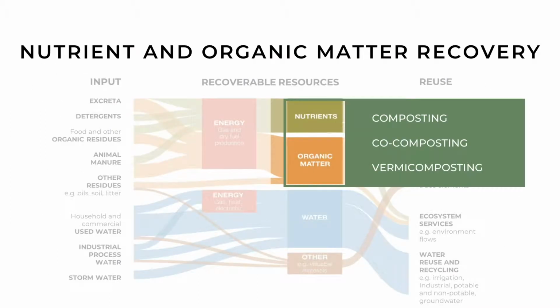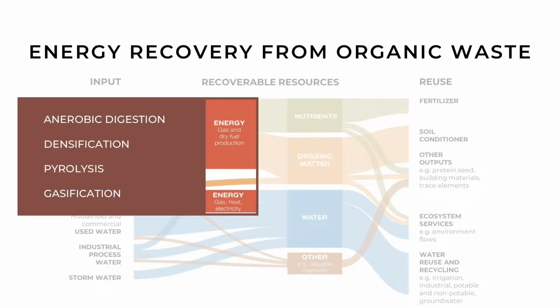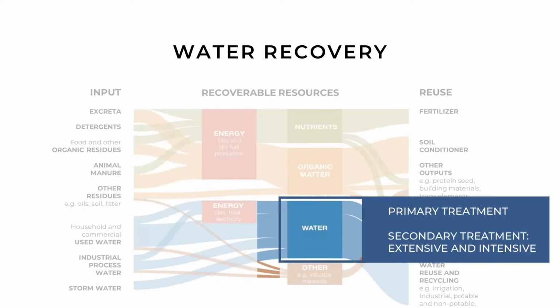This way, we obtain clusters of technologies intended to recover nutrients and organic matter, such as composting, co-composting, and vermicomposting, technologies to recover energy from organic waste, such as anaerobic digestion, densification, pyrolysis, and gasification, and technologies to recover water from wastewater for agriculture, forestry, and aquaculture.